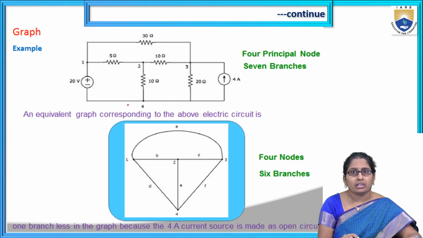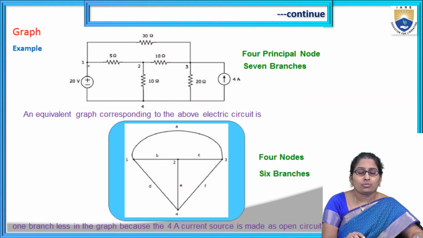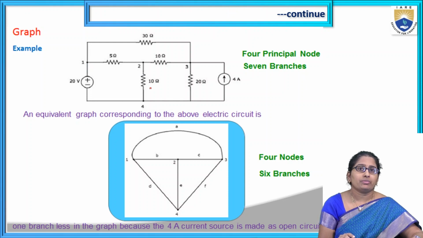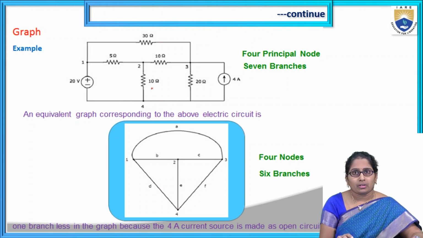So first identify in the given circuit how many nodes there are. The basic definition of a node is a common point in the electrical circuit where more than two circuit elements are present.